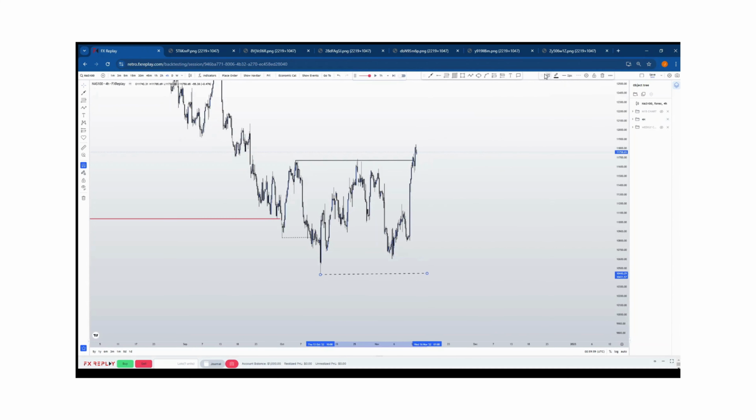So now we have these internal protected, we have an internal break of structure on the H4, because now we have a shift in order flow on the internal structures, we now have the formation of our weak swing.